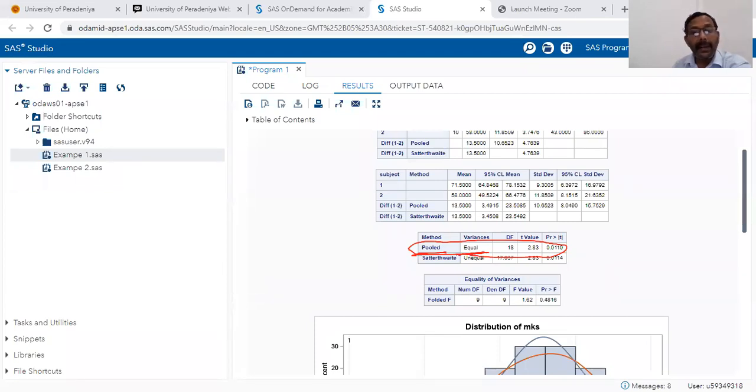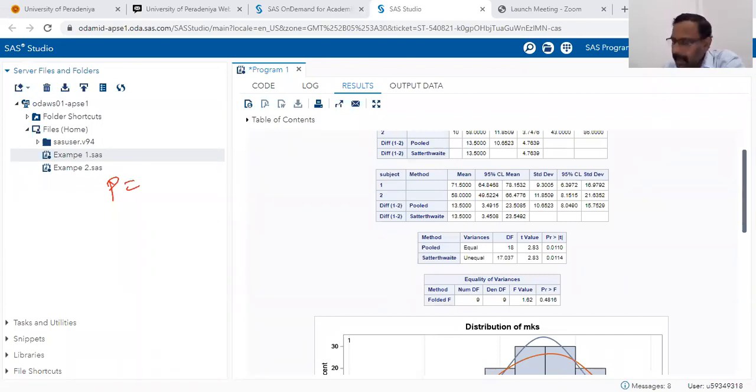If there's not equal variance, then we cannot look at this pooled variance. We'll have to look at Satterthwaite's test. So here our variance is equal, so we can look at this line. Degrees of freedom, this is the pooled degrees of freedom. This is the table value. This is the probability value. I will erase it and write the probability value there.